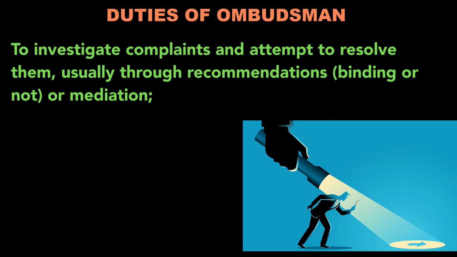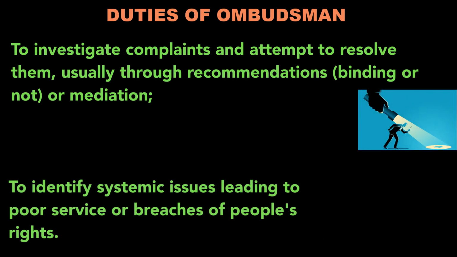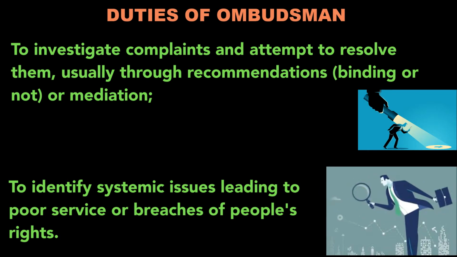The second duty is to identify any issues or any act of any respective office, whether public or private, that affects people at large. It identifies and curbs that, controls that, corrects that.